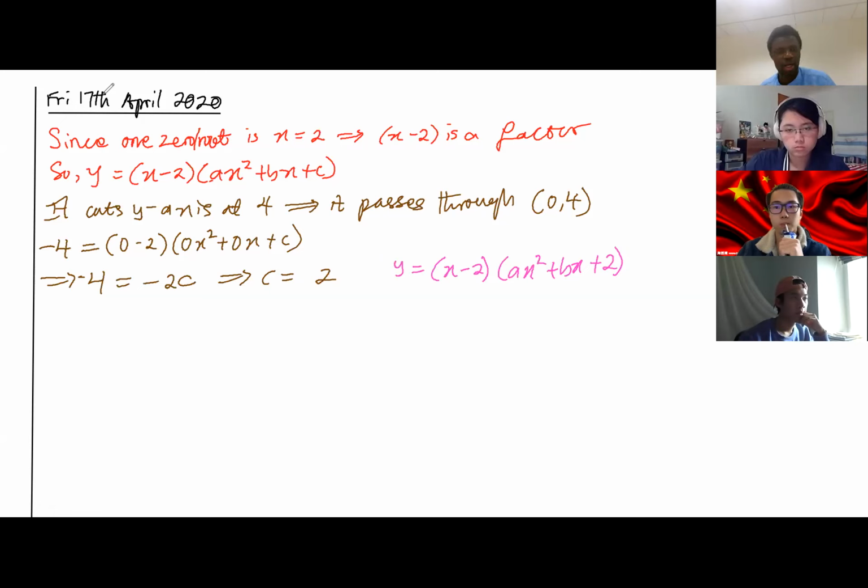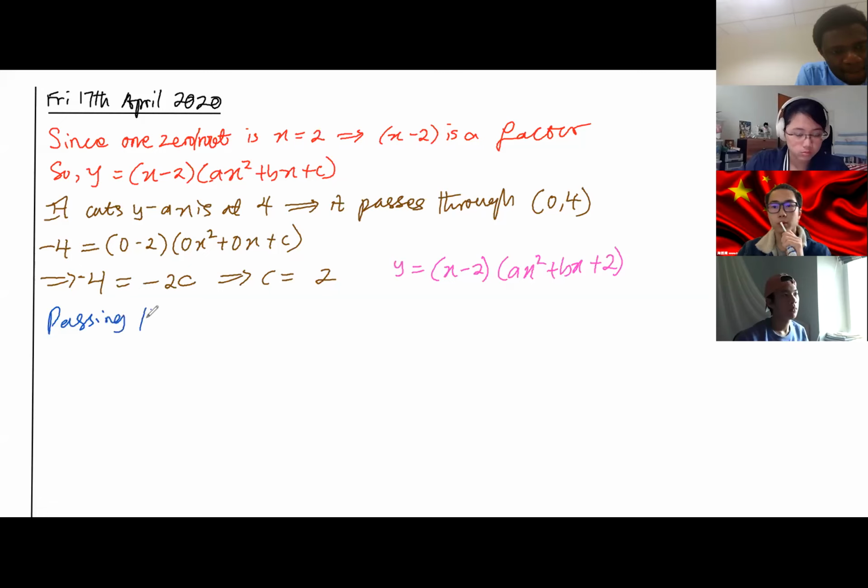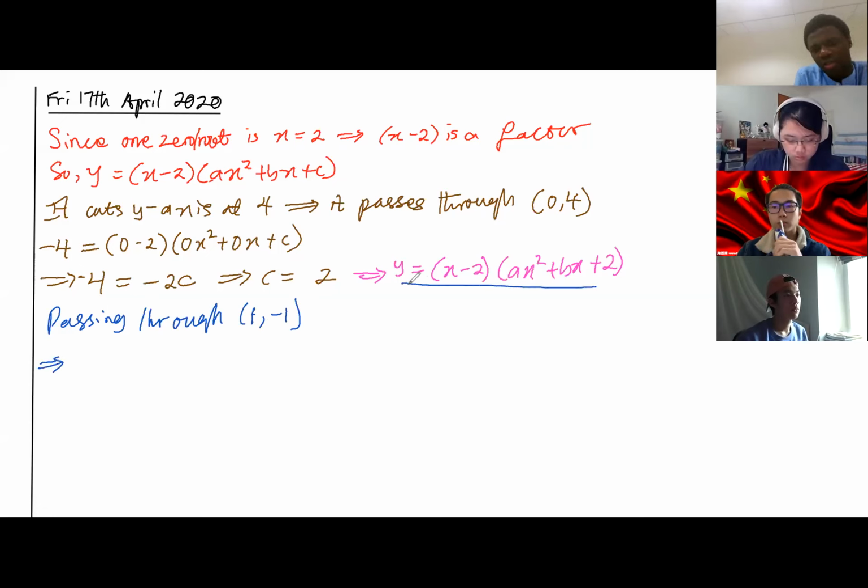So using 1, minus 1, it passes through 1, minus 1. So I now use this. When x is 1, y is minus 1.